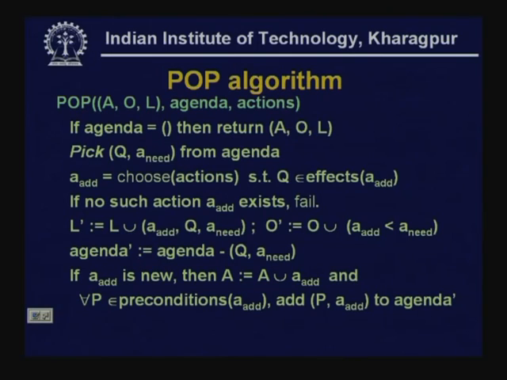If agenda is empty, then return AOL. So, we have called POP, or partial order planning, on AOL as also agenda and actions. If agenda is null, then we are done, we return AOL.